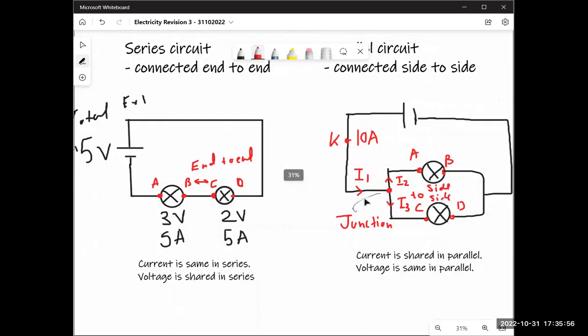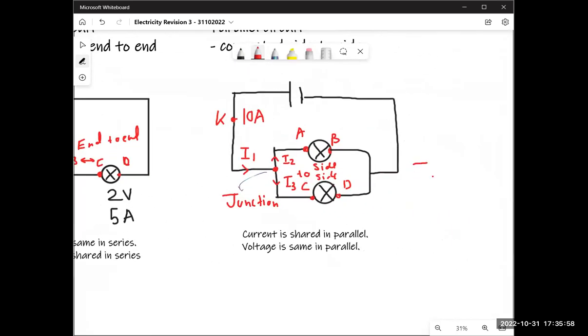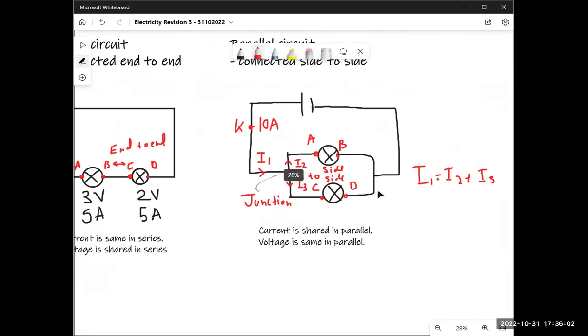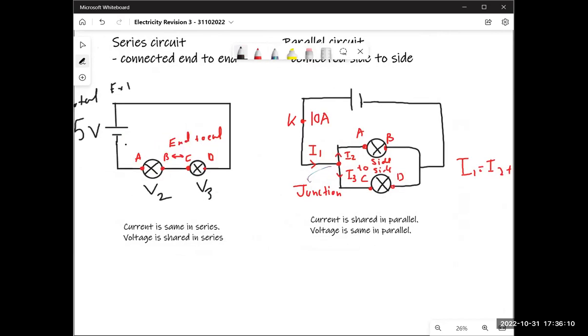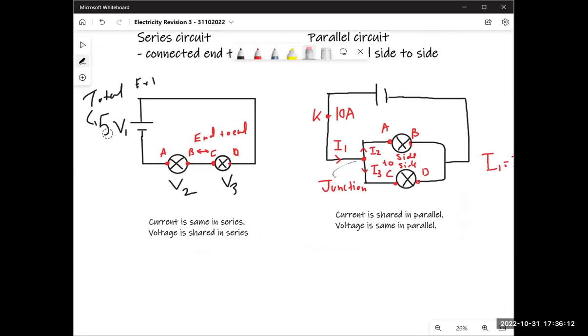And just write over here, I1 is equals to I2 plus I3. In this case, all you have to write is V1, V2, V3. Write the equation V1 is equals to V2 plus V3.